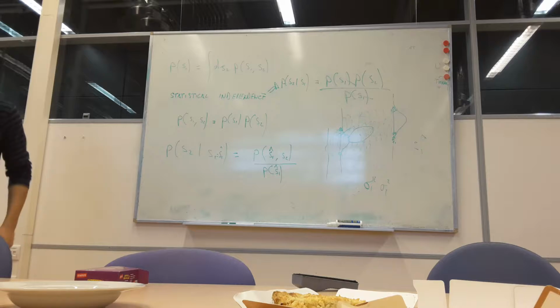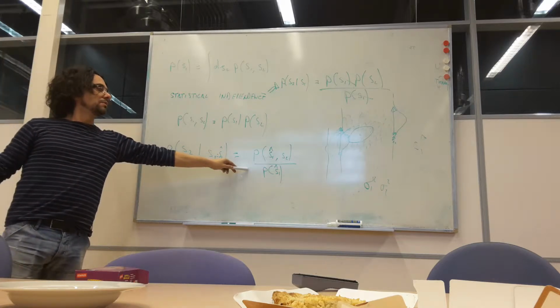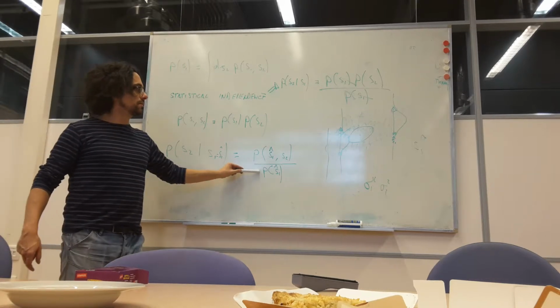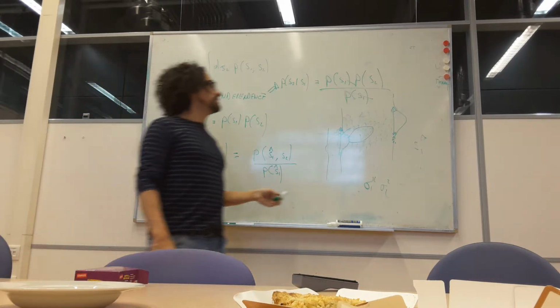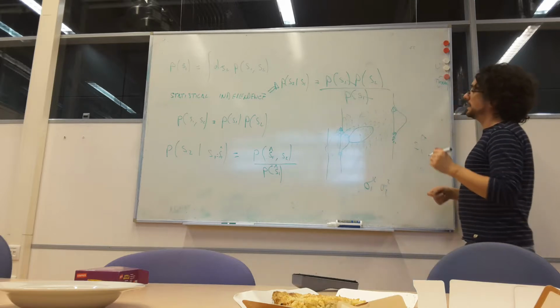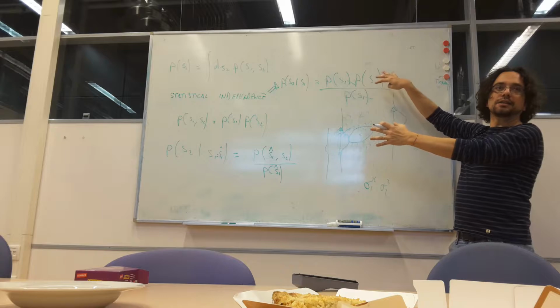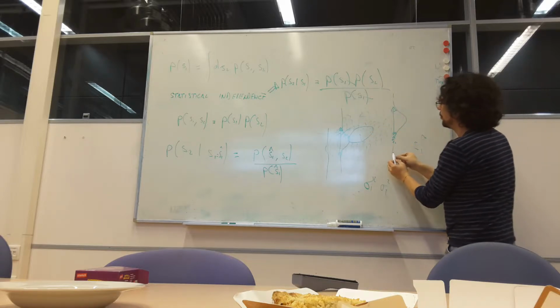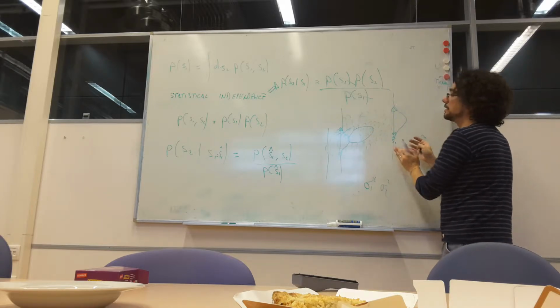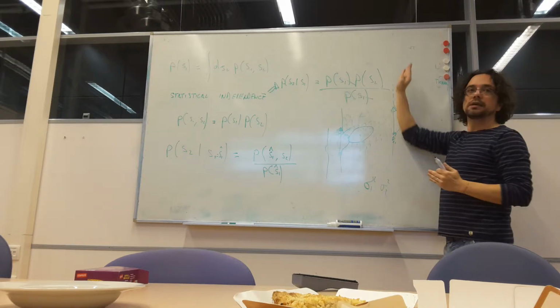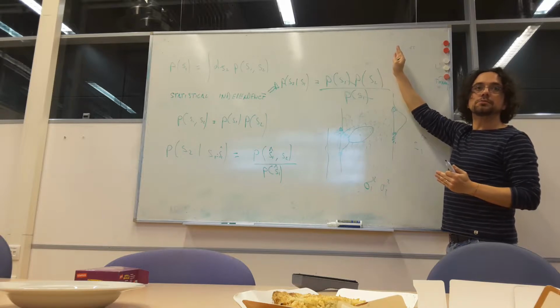Okay, one quick question. The bottom formula, the right-hand side, the numerator, would you explain that? Yeah. All I'm saying is, imagine you have a 3D distribution, and here is the coronal slice. I'm cutting a section and following the section, while keeping S1 constant and changing S2.